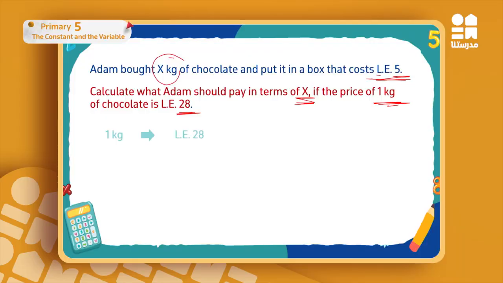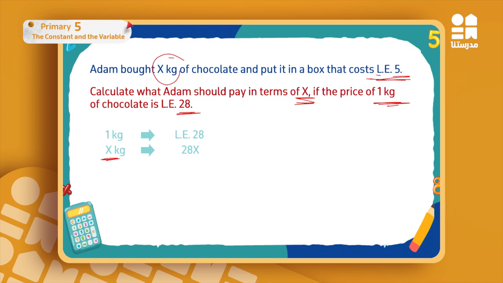Okay? So here he told me in the question that the price of 1 kilogram is LE28 and I don't know how many kilograms he bought. But I will refer to it with the symbol or the letter X, because this is an unknown to me.